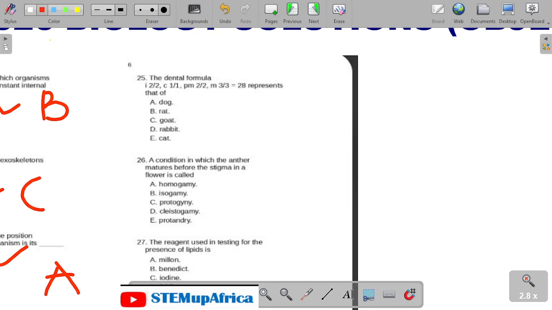25 says the dental formula, talking about teeth here, of incisors, premolars, and molars, is responsible for who has that? It is the rabbit. If you make the calculation, it's going to be something like 2 plus 1 plus 2 plus 3, bracket times 2.